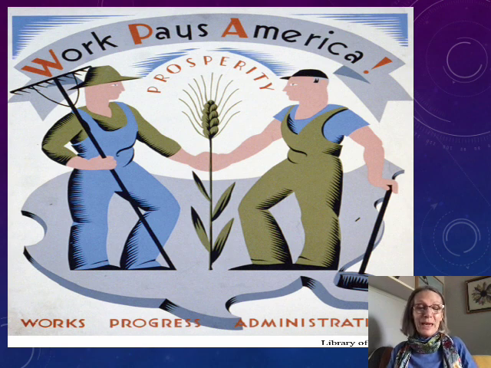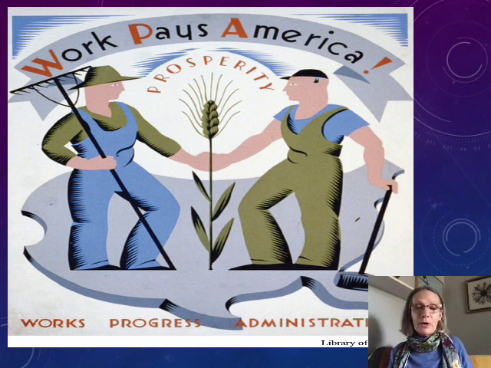So constructing highways, bridges, public parks, and public art as well, as you can see here. And you can see some of these in buildings throughout Wisconsin and beyond. Works pays America, and prosperity, WPA, you see there. This is a good example of the public art that took place at that time period.